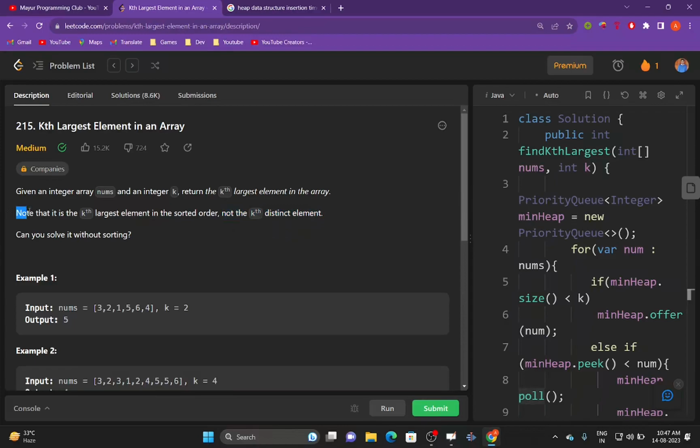What the problem statement means by this line is, let's say you are given these numbers 1, 2, 2, 3, 3, 4, 4, 5.